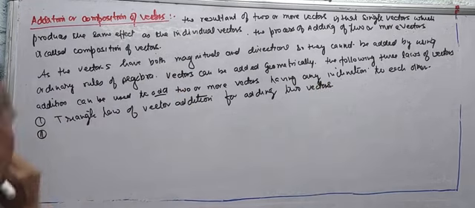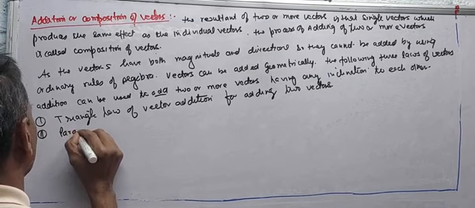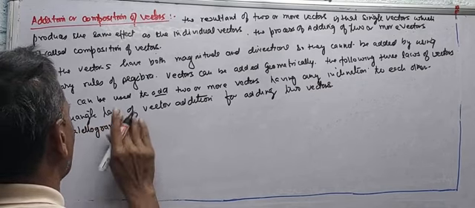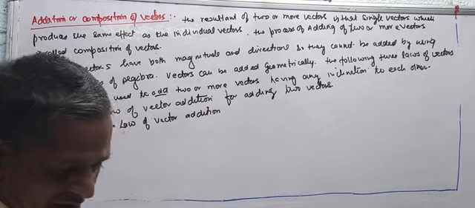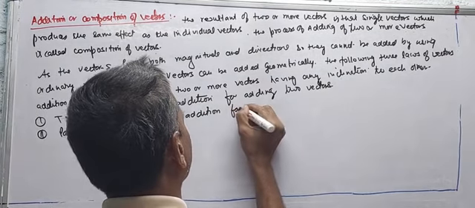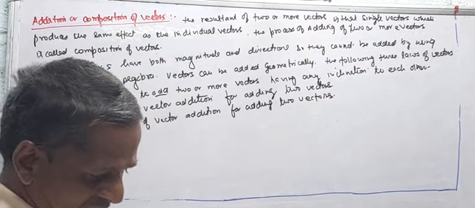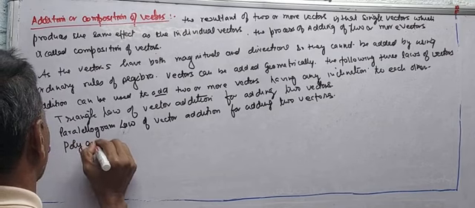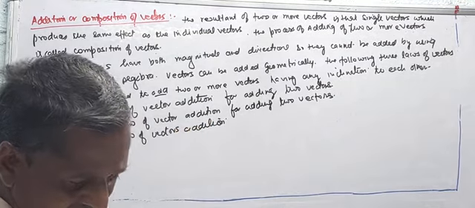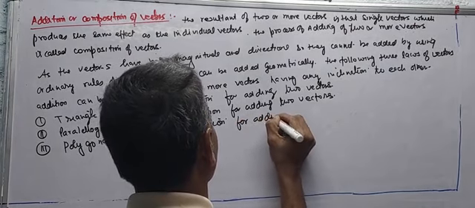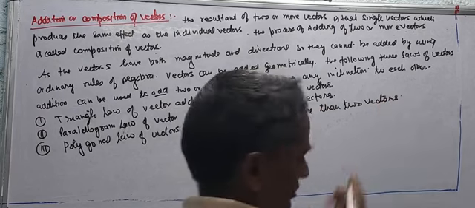Number second, parallelogram law of vector addition for adding two vectors, and third is polygonal law of vectors addition, for adding more than two vectors.